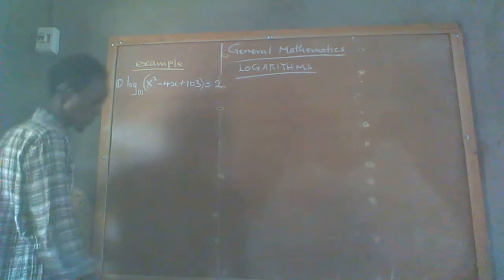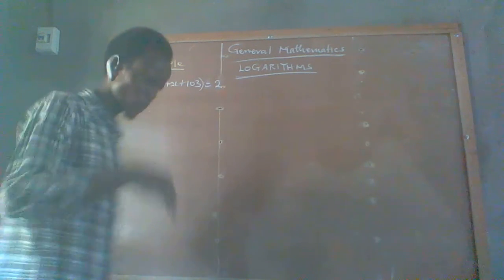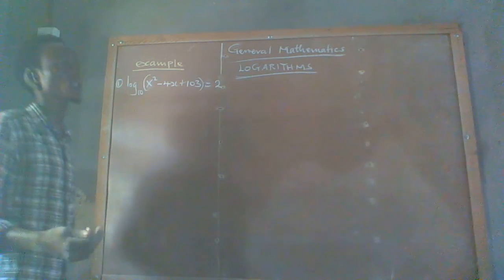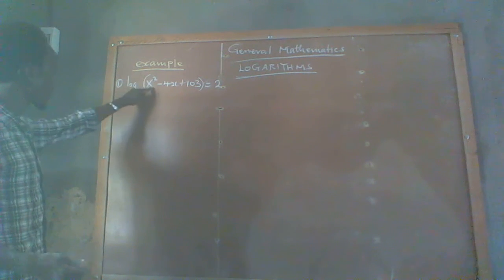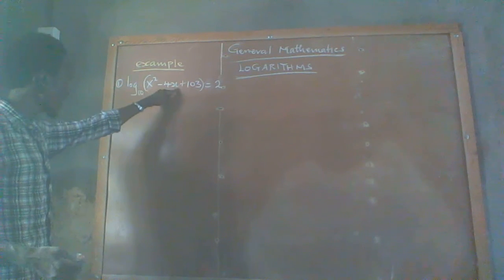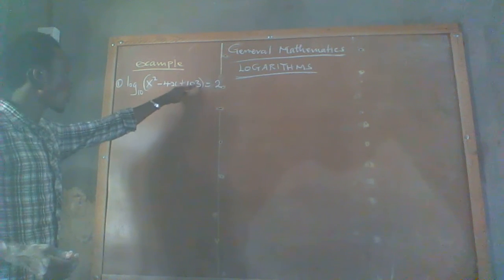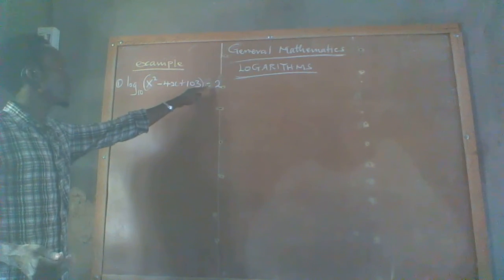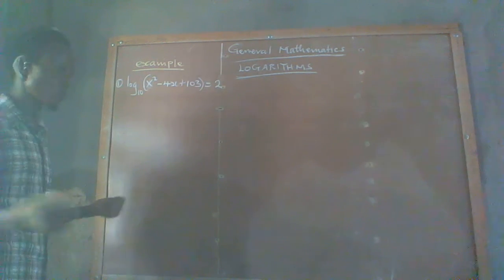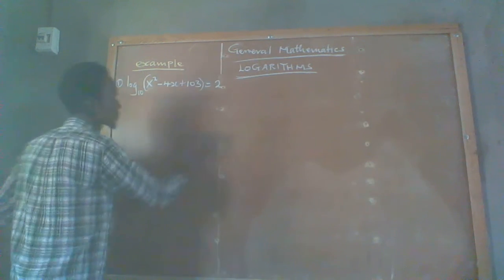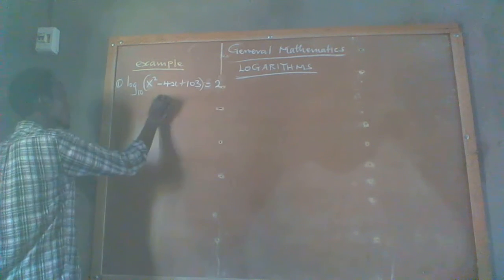Just trying, guys, for you to understand the concept. So log base 10 of x square minus 4x plus 103 equal to 2. So let's try to solve. Now, solution.